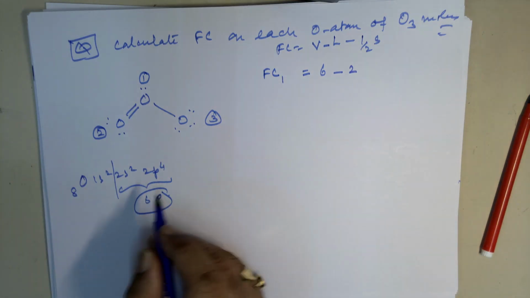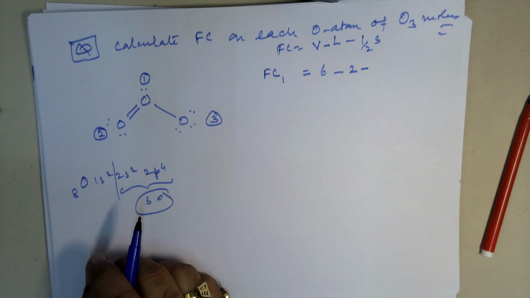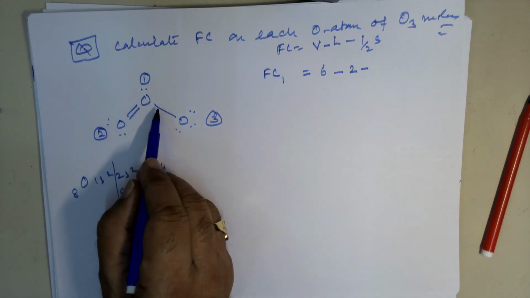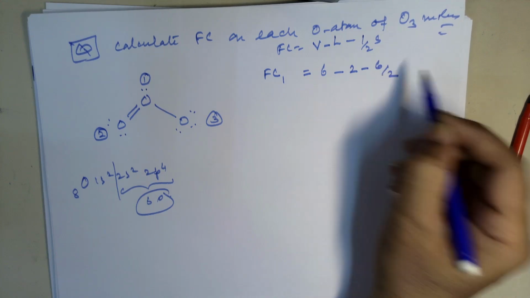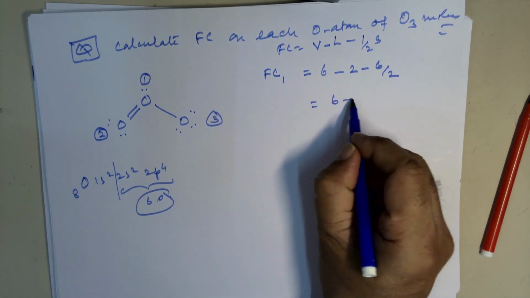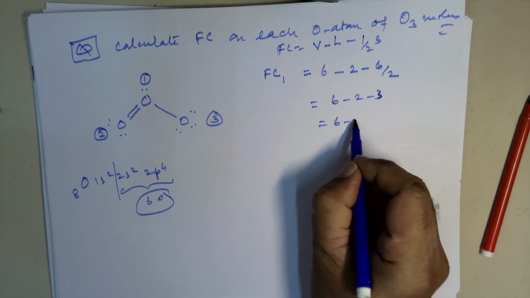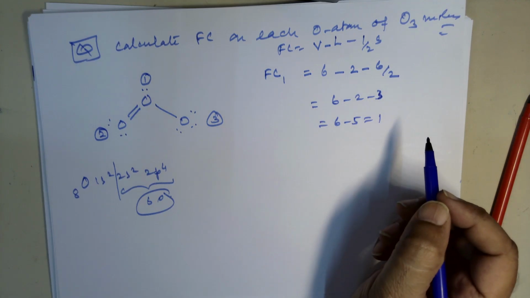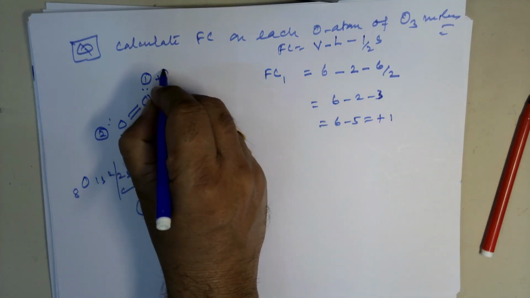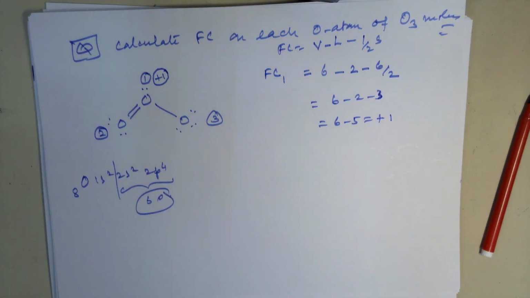And then minus, how many bonded electrons here? 1, 2, 3, 3 into 2, 6. So 6 by 2. So that is equal to 6 minus 2 minus 3, which is 6 minus 5, equal to 1. So the charge is plus 1. So you can put plus 1. I hope now you understand why I put plus 1. Do you understand, Shanvi?